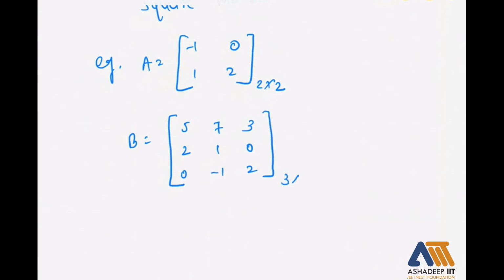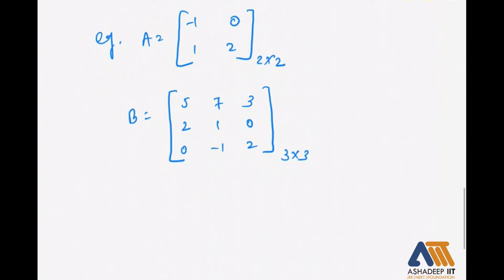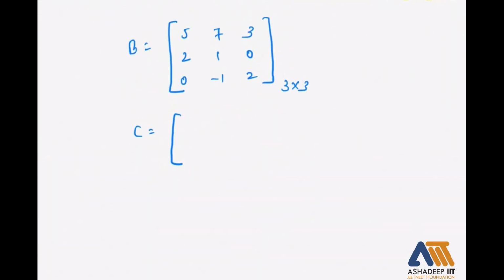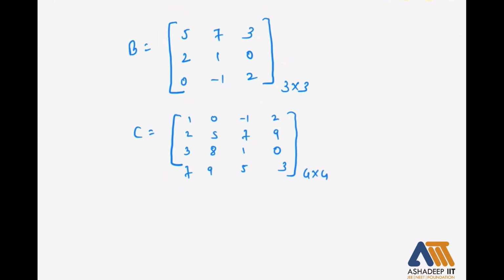In this matrix there are 3 rows and 3 columns. Next, if we consider a 4 cross 4 matrix, then 1 0 -1 2, 2 5 7 9, 3 8 1 0, 7 9 5 3. 4 rows. So this is of the order 4 cross 4.